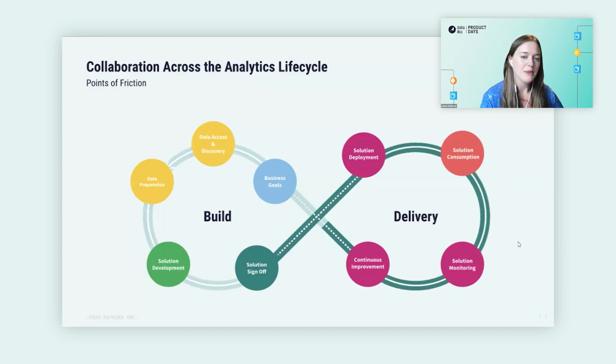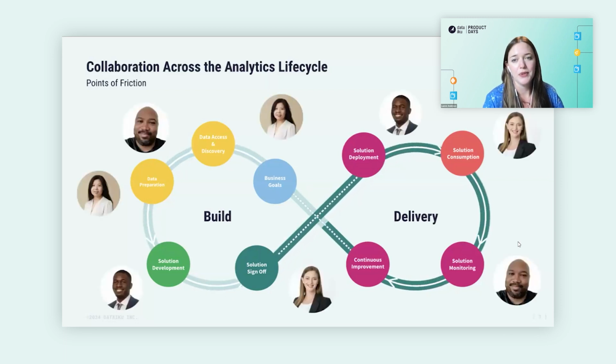But there are typically going to be some friction points throughout this process. When accessing data, you may have your analyst working with your IT leader, or when building a solution, maybe your data scientist working with your analyst. A lot of times these different people are using different tools and different processes.